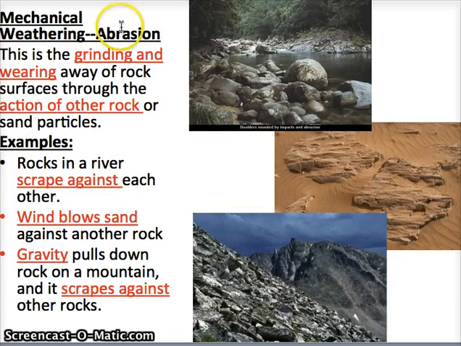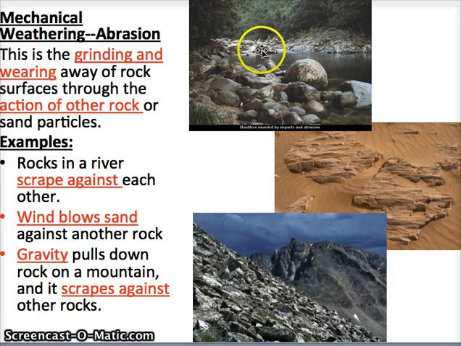Another type of mechanical weathering is abrasion. Abrasion happens when rocks are ground and worn away by an outside force. The outside force can be another rock, it could also be sand particles, it could also be water. So in this example, you can see the river water is pushing some smaller particles or smaller rocks against bigger rocks, and it's going to scrape against these rocks, and that's going to cause abrasion.